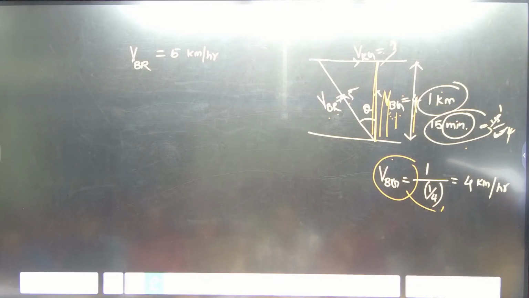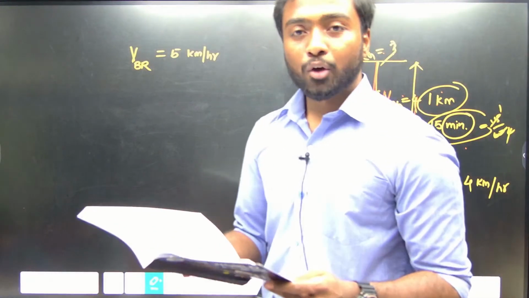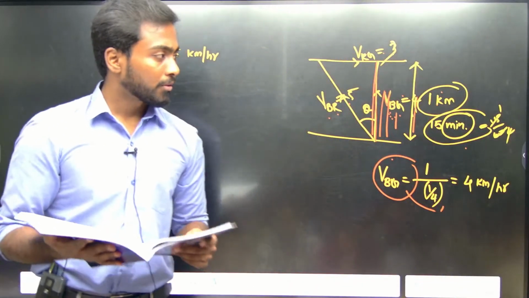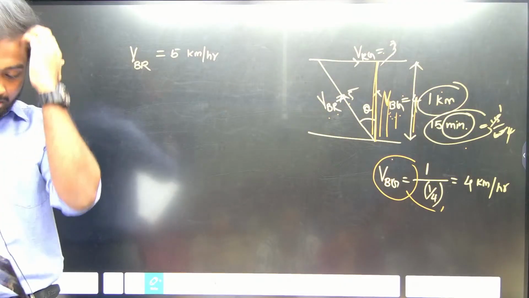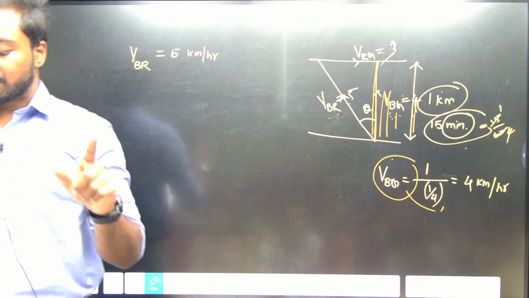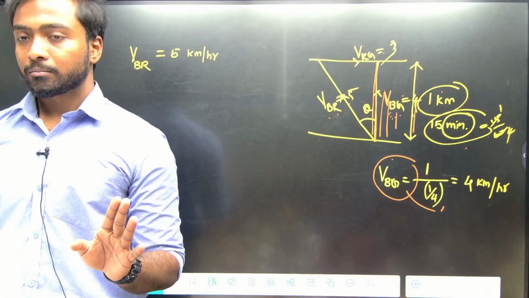A man walks in rain with a velocity of 5 kilometer per hour.